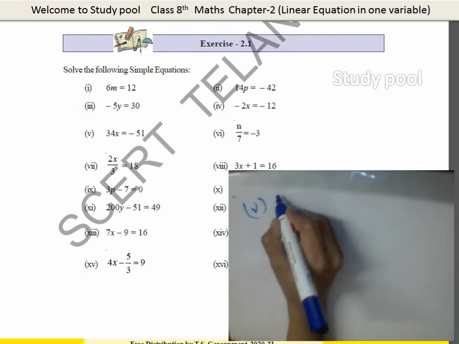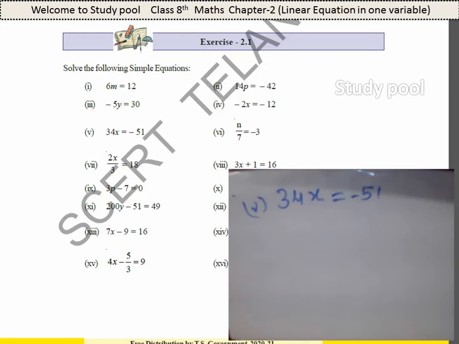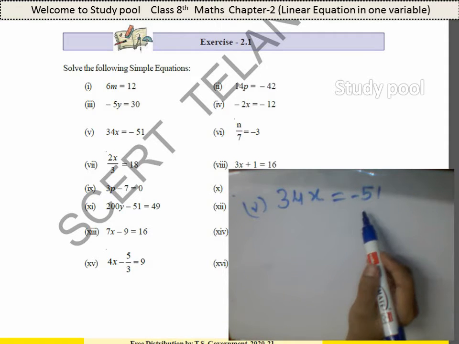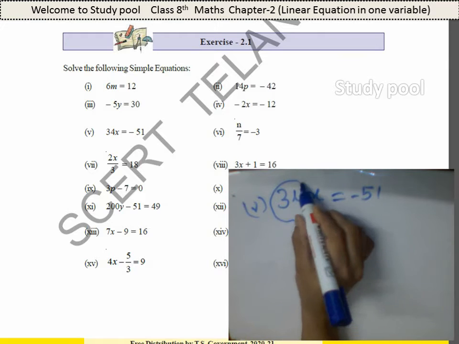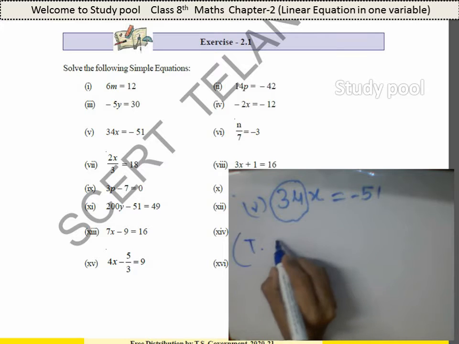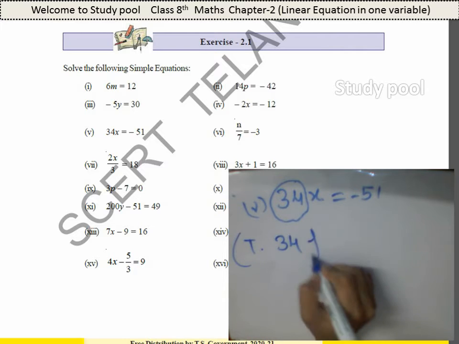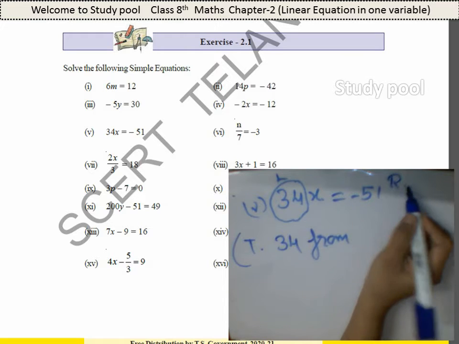What is given? 34x. Now here 34x is equal to minus 51. Now if you observe, what is the coefficient of x? 34. So what we have to do? Transposing 34, it is LHS and this one is RHS, we know, right?